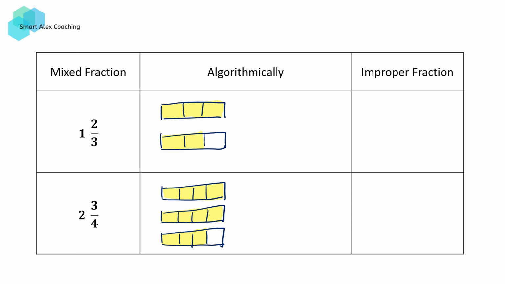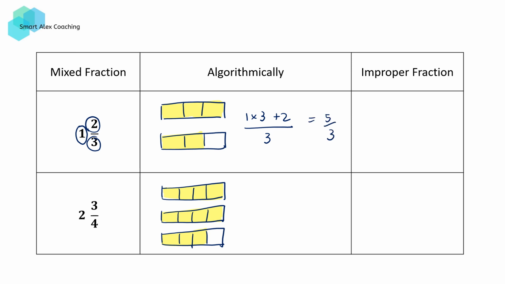In order to convert 1 2/3 into an improper fraction algorithmically, we're going to take our 1, that's our 1 whole, and multiply it by the denominator of 3, and onto that we're going to add 2, and all of this is over 3. Now that works out to be 5/3.